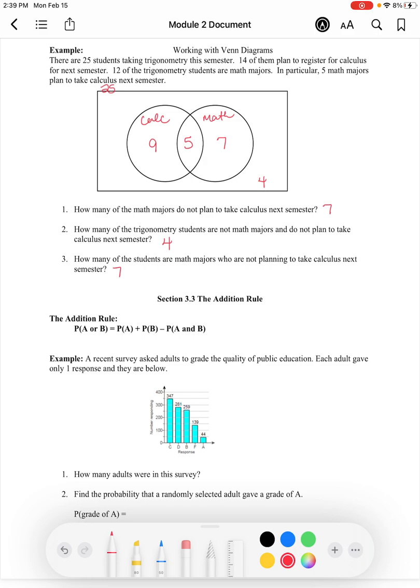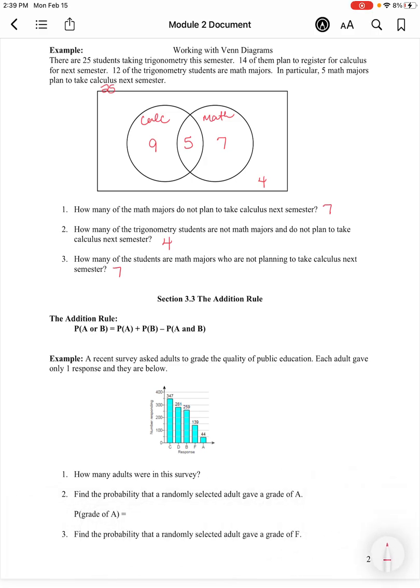Then for section 3.3, how many adults were in this survey? So we need to add up each of the frequencies. 347 plus 281 plus 259 plus 139 plus 44. So that's 1,070.